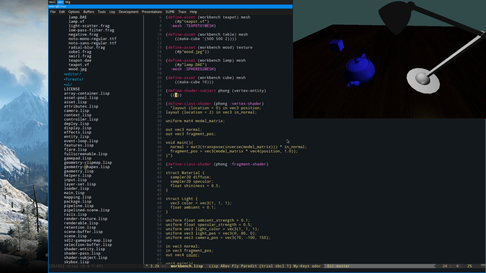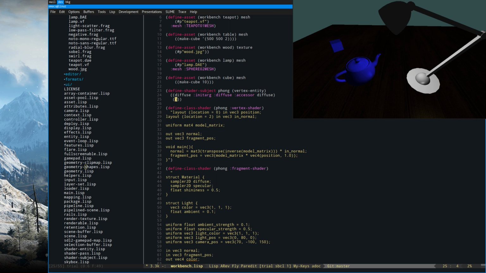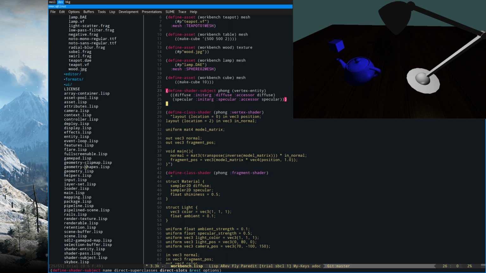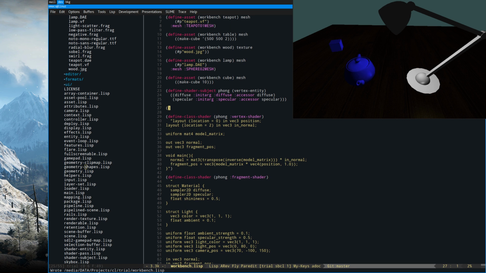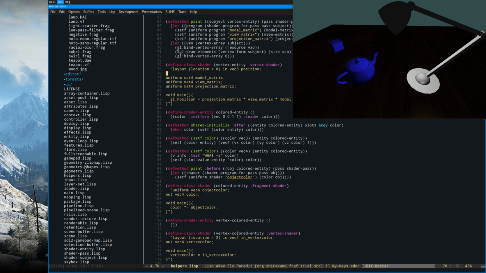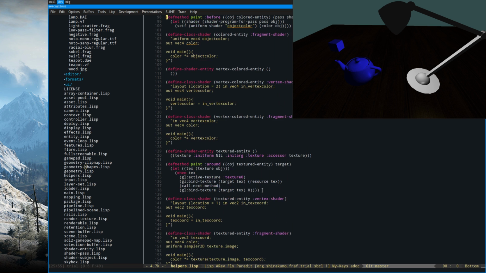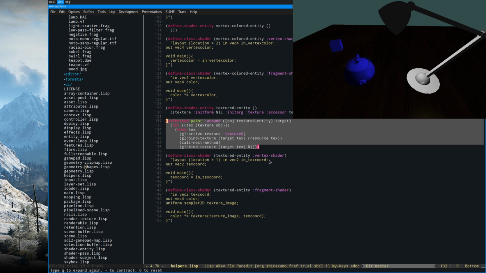Okay. It looks great. Well, nothing's changed so far. Texture density.